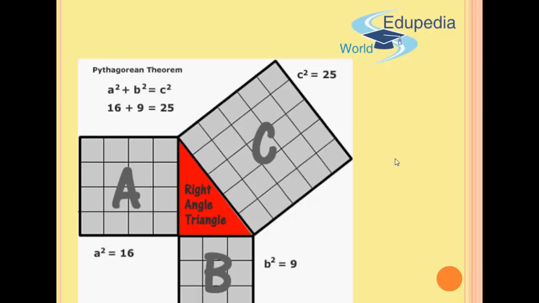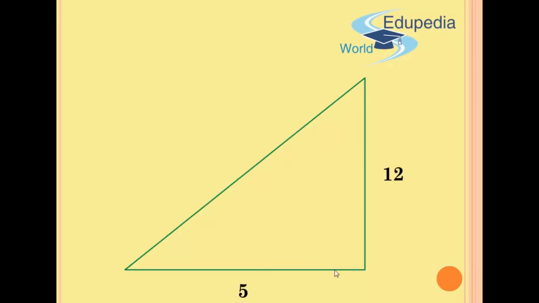Now we have to apply the same concept to our problem. In this case, your perpendicular is 12. So the square of the perpendicular will be the square of 12. That will give you 144. And the square of the base will be the square of 5, which will give you 25.